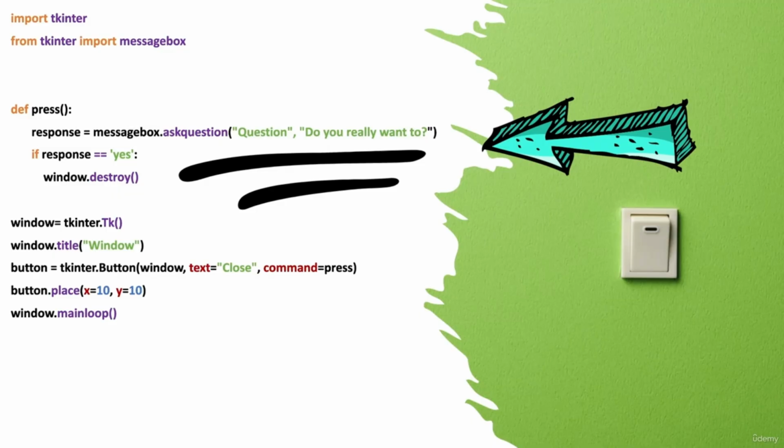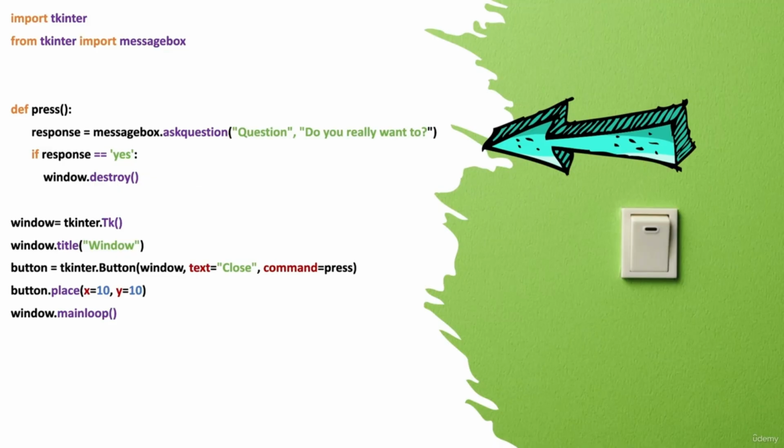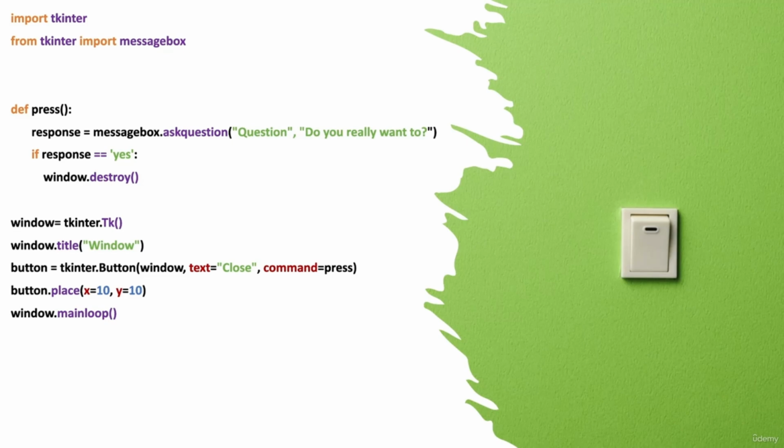When the dialog window appears, it will contain two buttons, yes or no. Whatever our response is, will be assigned to the following variable. So when we set the following condition, if our response is yes, we will terminate our window using the destroy method.